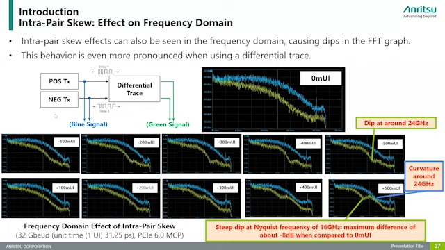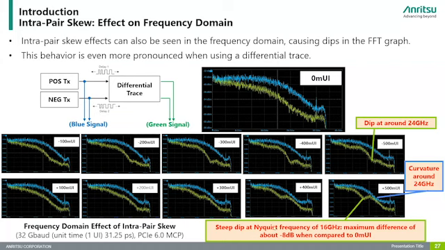skew between P and N, you start seeing degradation in the frequency domain. At 200 milli not so much, but at 300 milli you see a big dip, and at 500 you have a lot of dips.